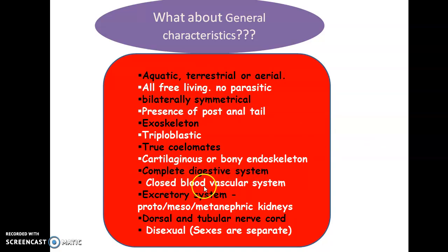Then as far as the blood vascular system is concerned, they have a well-developed blood vascular system which is closed, with a true heart and associated blood vessels like what are they? Artery, venules and capillaries. Then comes the excretory system. They have a very good excretory system consisting of either pronephric, mesonephric or metanephric kidneys.